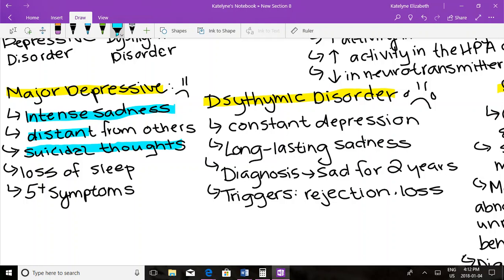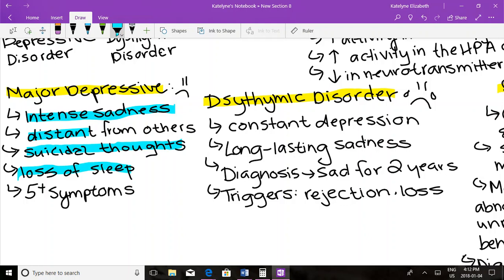They have a decrease in pleasure, even from things that they usually do enjoy. They can also change in their weight, so they can lose weight. They have a loss of sleep as well, a loss of energy, and they might be agitated.